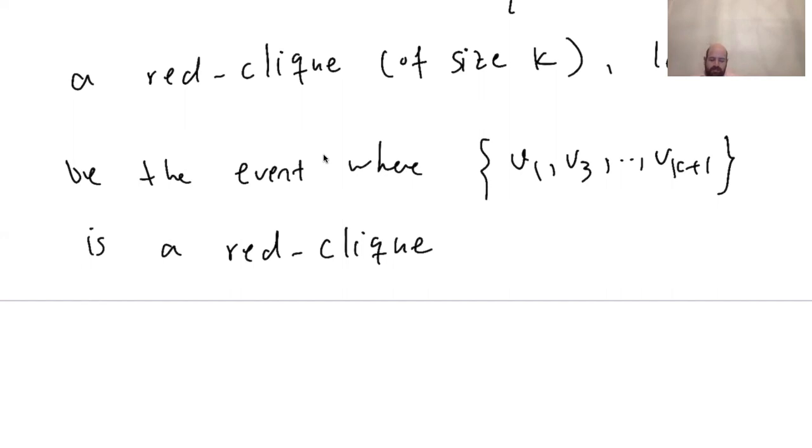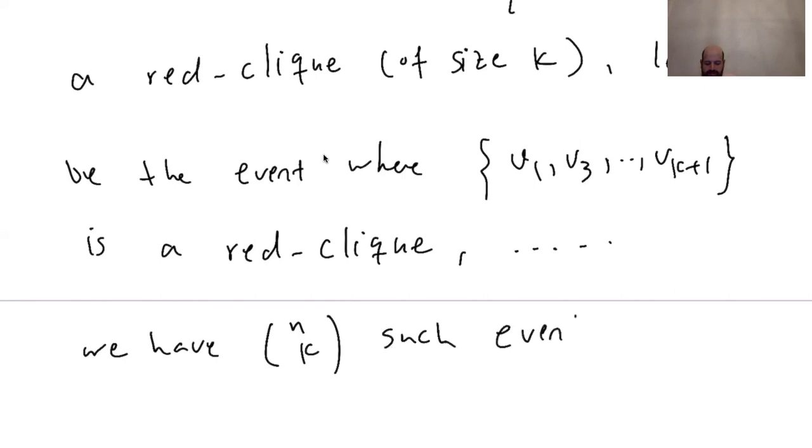So how many such events do I have? In each event, I choose k vertices out of n vertices. So in total, I have n choose k choices. So we have n choose k such events.